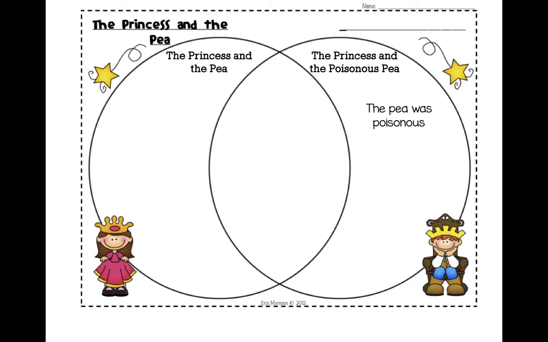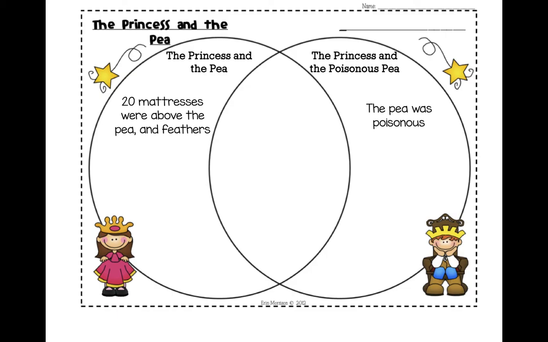Okay? Then I wanted to put something in the Princess and the Pea side. This next point was something that I just kind of noticed and I thought was interesting, but maybe not everybody noticed it. In The Princess and the Pea, the queen put 20 mattresses above the little pea on the bed. And then on top of the 20 mattresses, she put feathers too.